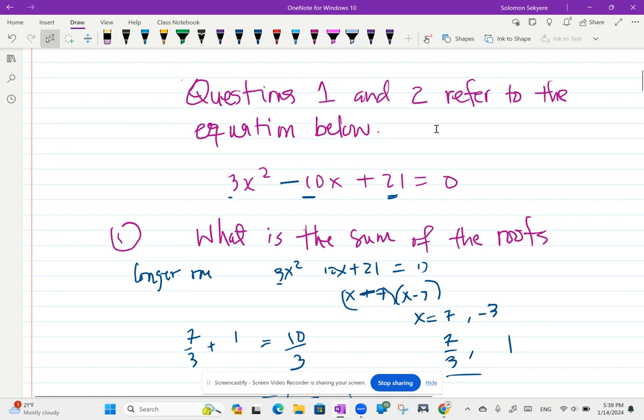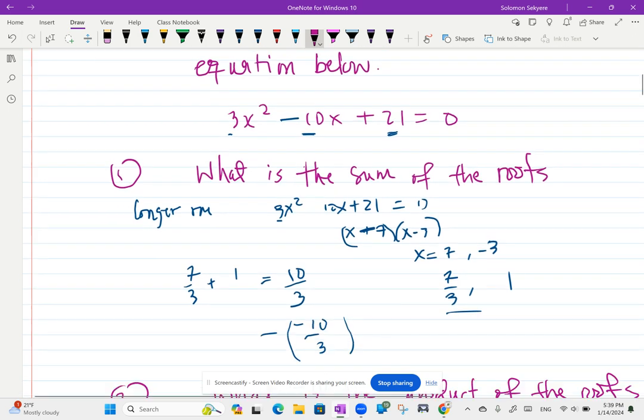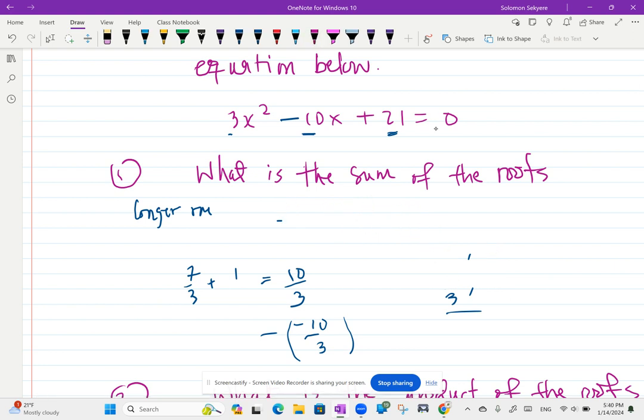Questions 1 and 2 refer to the equation below: 3x squared minus 10x plus 21 is equal to 0. What is the sum of the roots? The longer route is I can factor and solve for the roots, or the solutions, or the zeros.